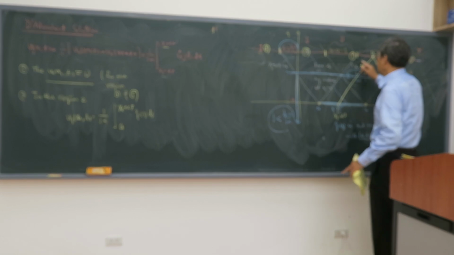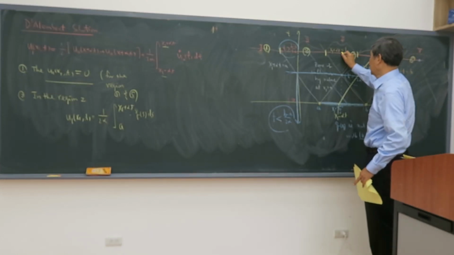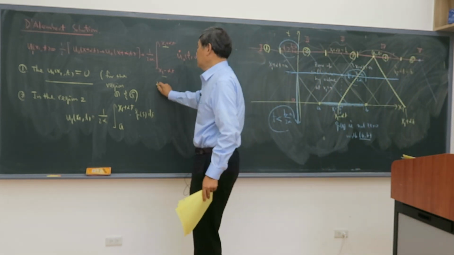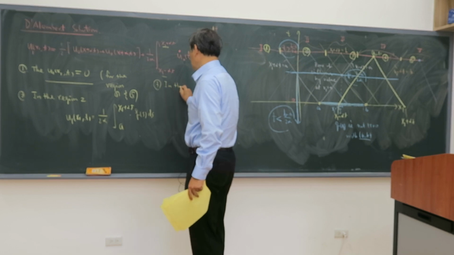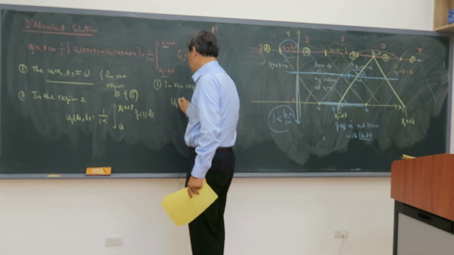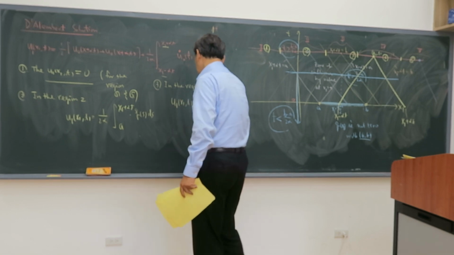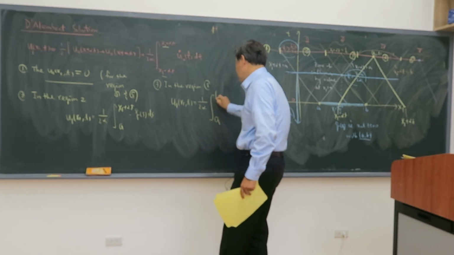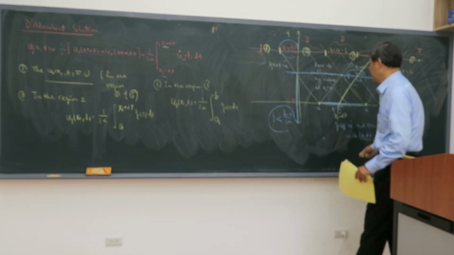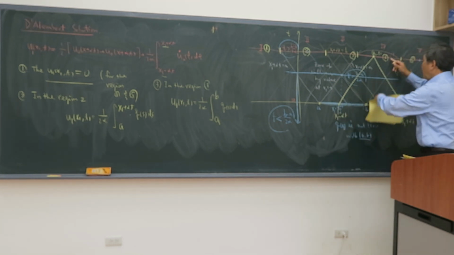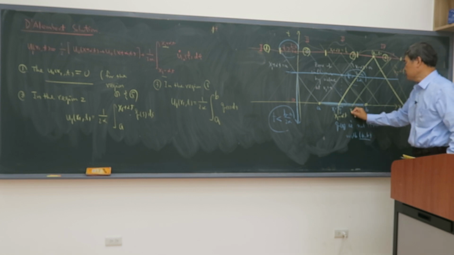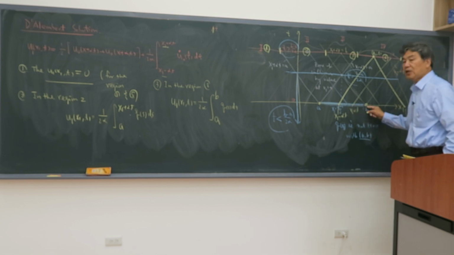Okay. In domain 3, inside here, it will cover a to b. So the third case, in region 3, my displacement u1(x1,t) will equal 1 over 2 alpha, integral from a to b of q(s) ds. Okay, only this one. And for region 4, this will be x1 minus alpha t to b.